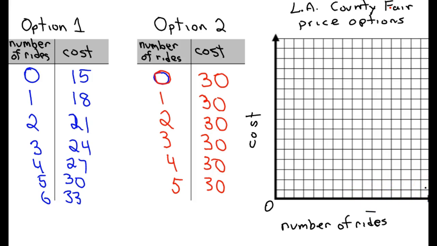We have 16 squares. So that's a hint that we should probably count every other square be the next day. Because our goal is to use as much of the graph as possible. That's always the goal. A bigger graph, a neater graph is always preferred.